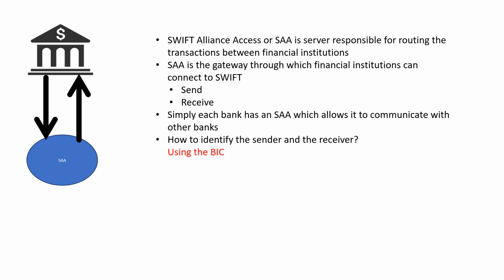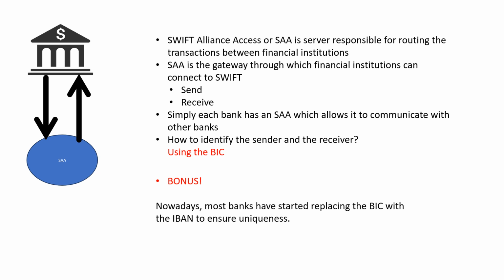Yes, you are correct, using the BIC, which we discussed in the last lecture. Bonus information: nowadays most banks have started replacing the BIC with the IBAN to ensure its uniqueness.